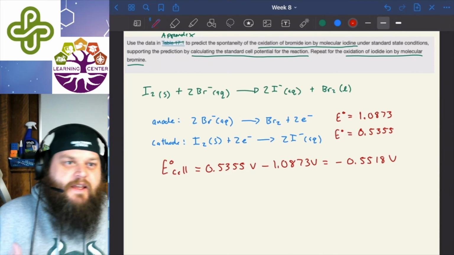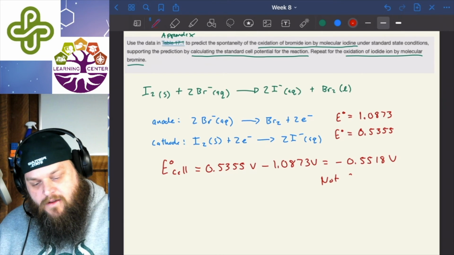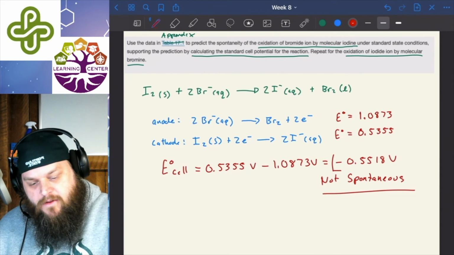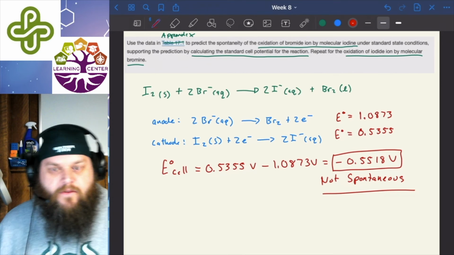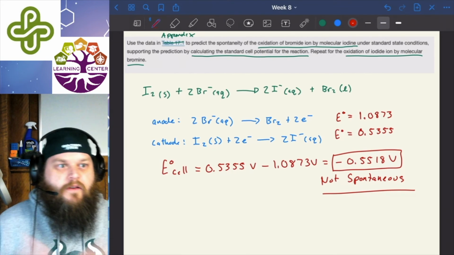So the question is, is this going to be a spontaneous reaction? The answer is not spontaneous, because we have a negative voltage, a negative potential of the cell.